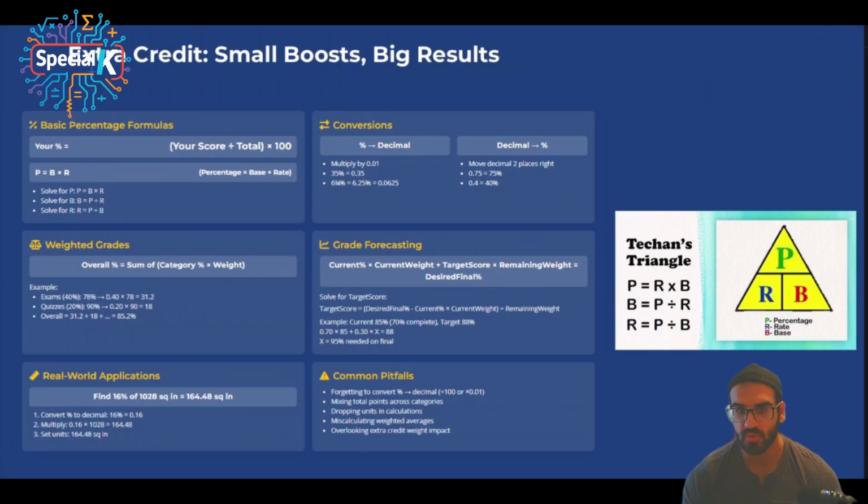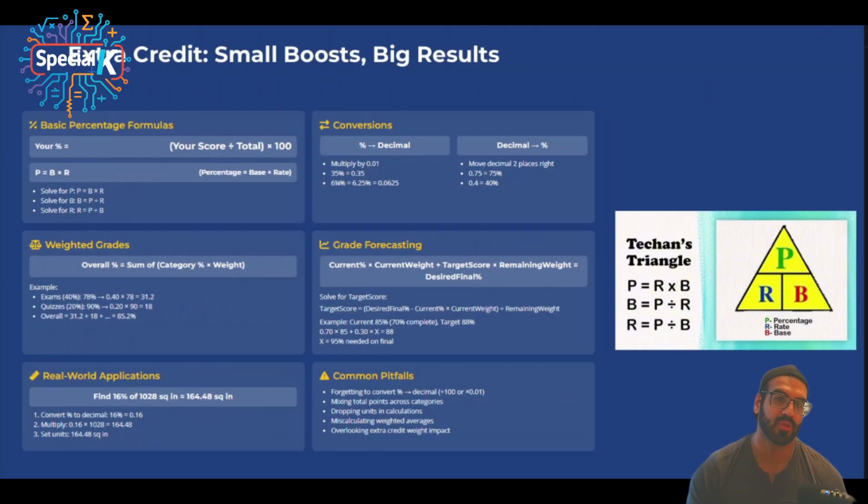Right now we just use this way, but in the future we will learn how by solving different kinds of equations. So the things that we remember out of this section: if you want to find your grade in percentage, the only thing that you have to do is your score divided by the total number times 100. If you have 42 points, divided by 50 times 100, it will give you a number.